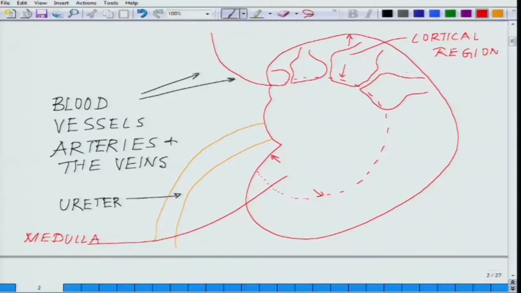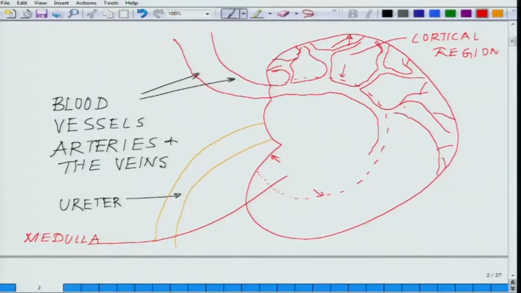Okay. It is almost like a tree-like structure by which it is completely spreading out all over the place.